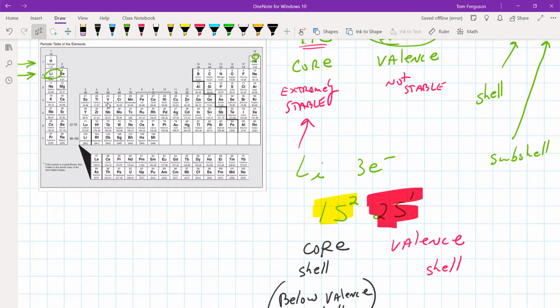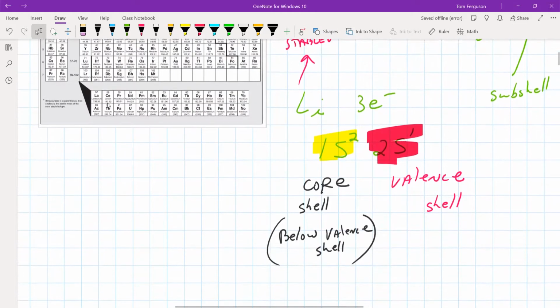All right, so reviewing lithium now. Lithium's got 3 electrons total, and we know that because its atomic number is 3. Means it has 3 protons, 3 electrons, assuming it's neutral.